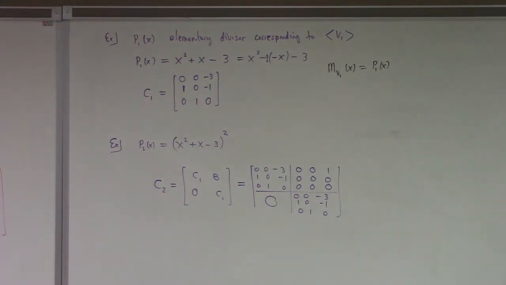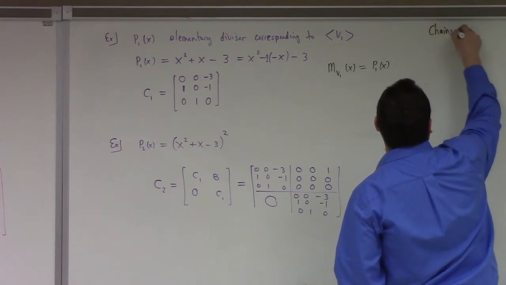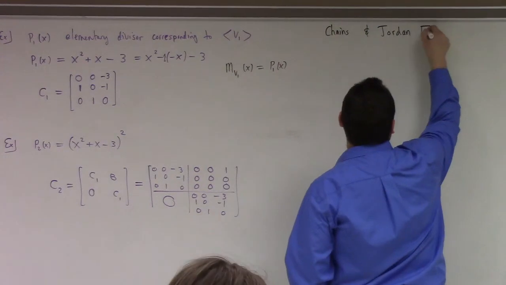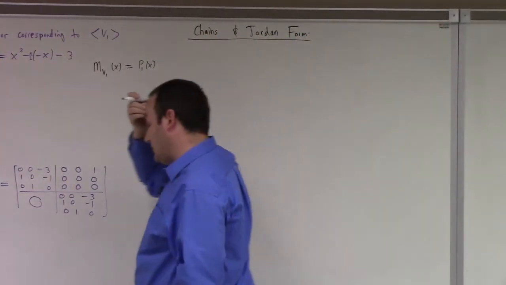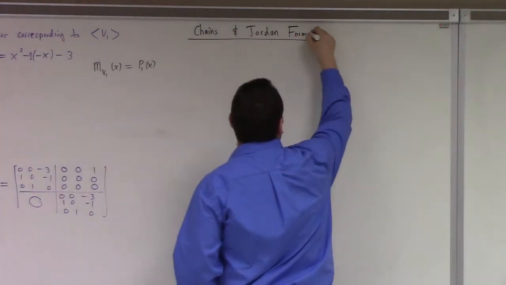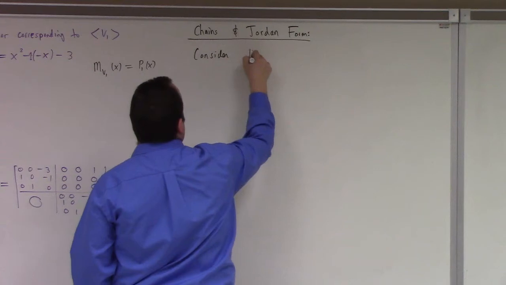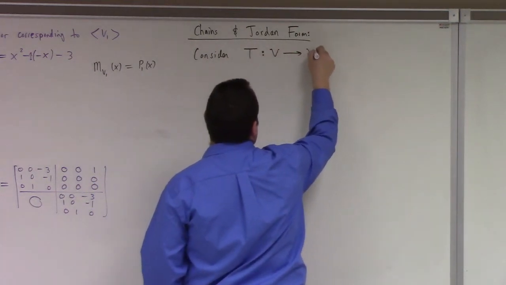Let me try to explain what I was going to, which was the idea of chains. All right. So the context here is we're considering a linear transformation from a vector space V to itself, okay?